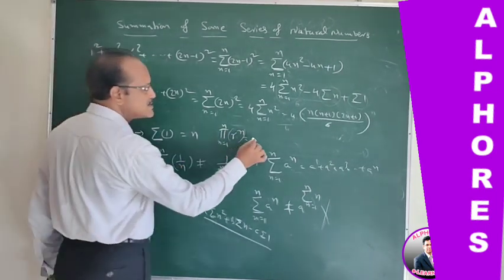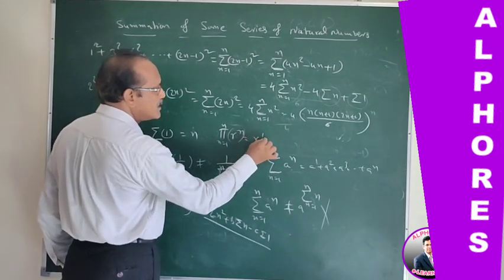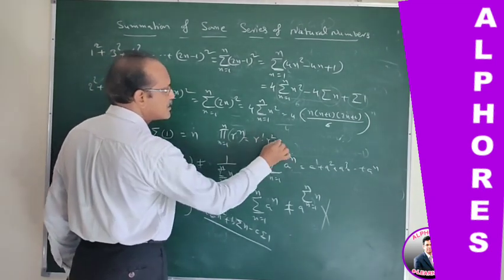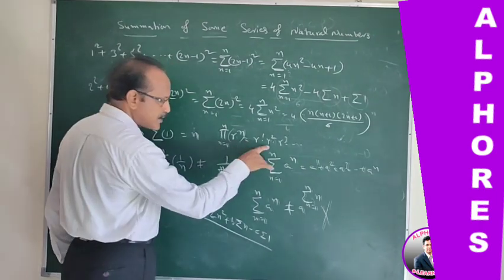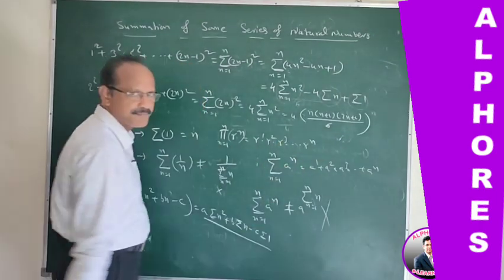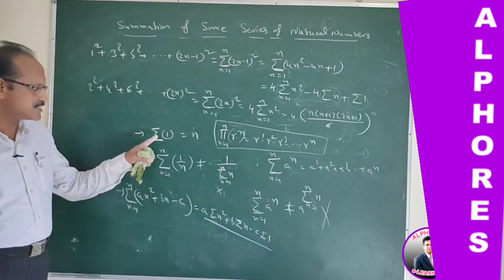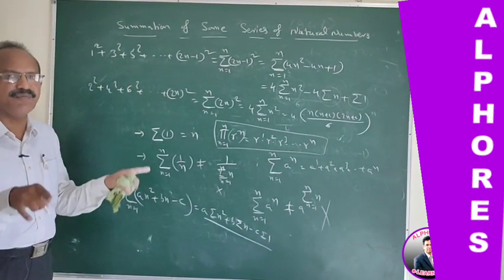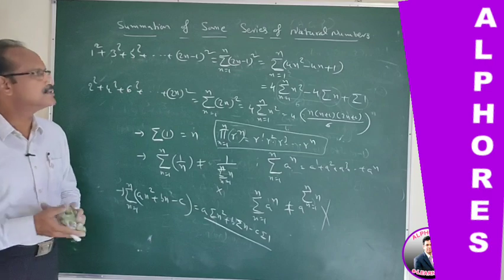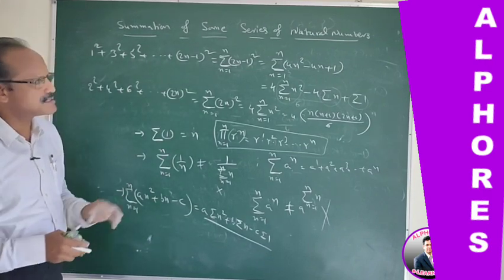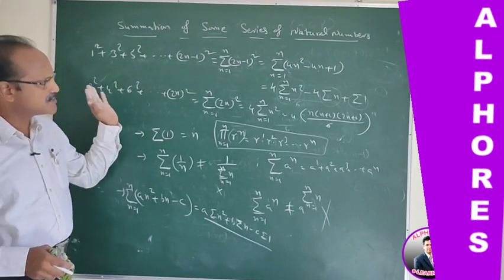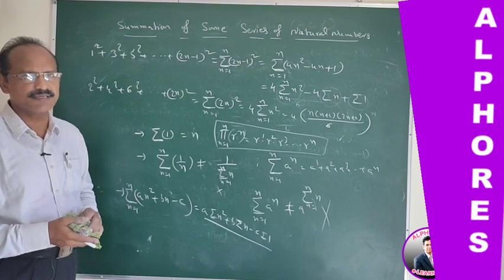So this expansion is given by r power 1 into r square into r cube into like that. It is a product of up to r power n. So this is the notation for product. This is the notation for sigma. Sigma notation is summation, right? So this is about some series. We are going to see so many series like this, right?